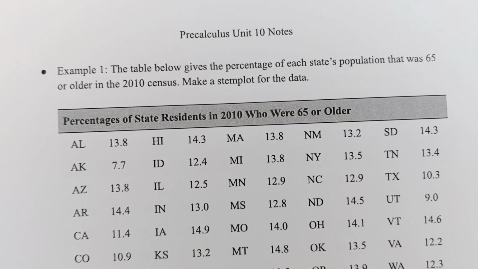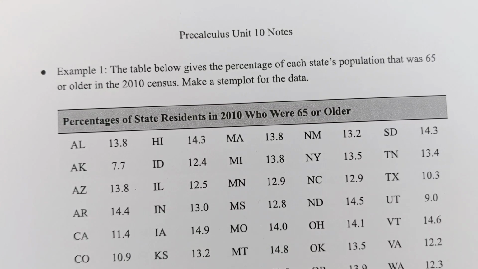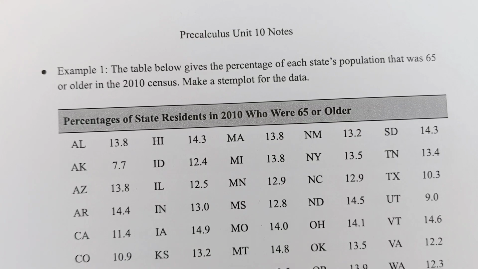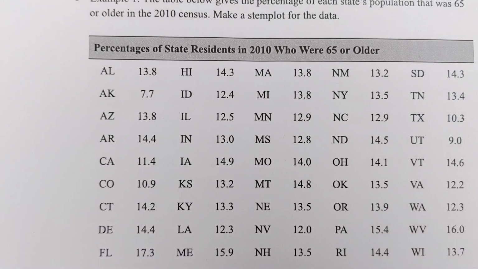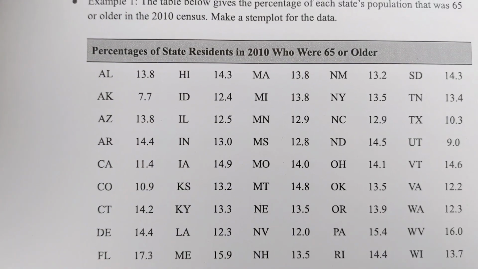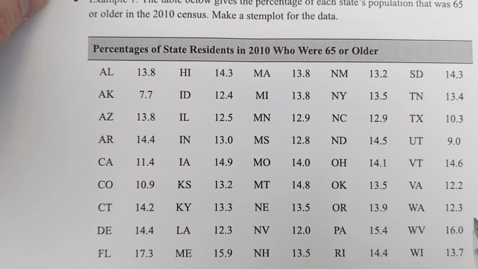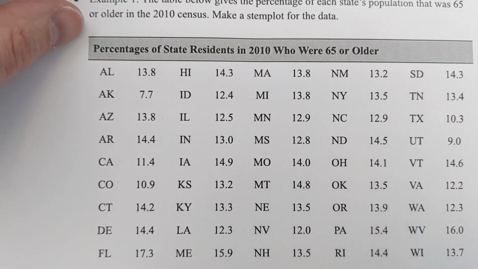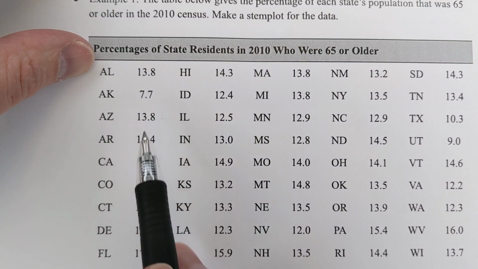So what we're going to do is label our stem, and then we'll have our leaf. We'll call the stem the ones place. It looks like the smallest value here is Alaska at 7.